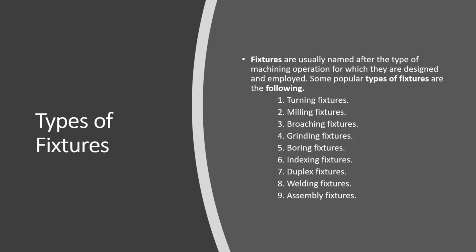Here I am classifying the fixtures according to the machines on which they are employed, like turning fixture, milling fixture, broaching fixture, grinding fixture, boring fixture, indexing fixture, duplex fixture, welding fixture, and lastly assembly fixture.